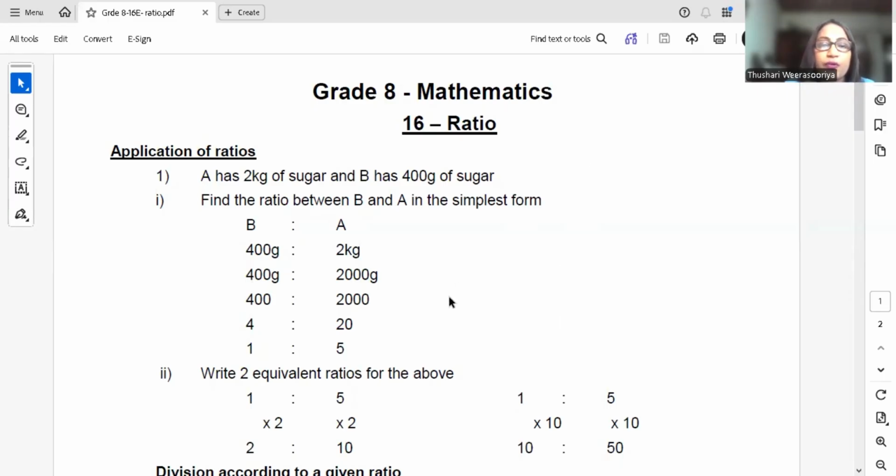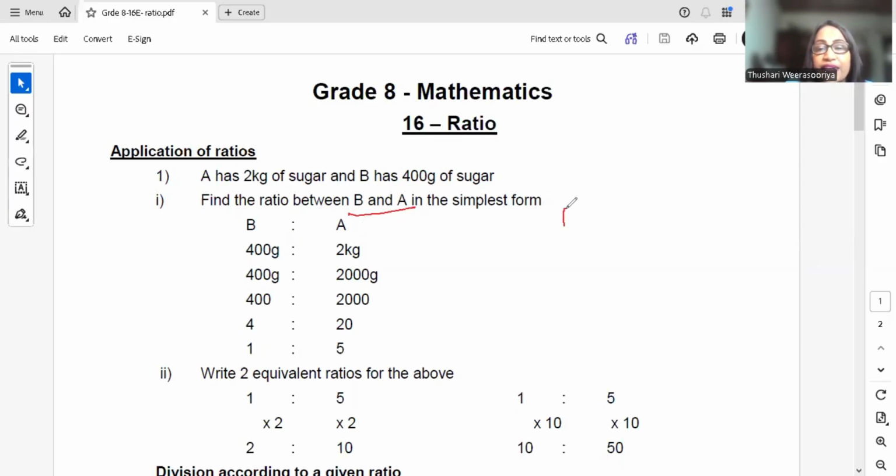Now, we'll take the first applications of ratio. A has 2 kilograms of sugar. B has 400 grams of sugar. Roman number 1, find the ratio between B and A in the simplest form.